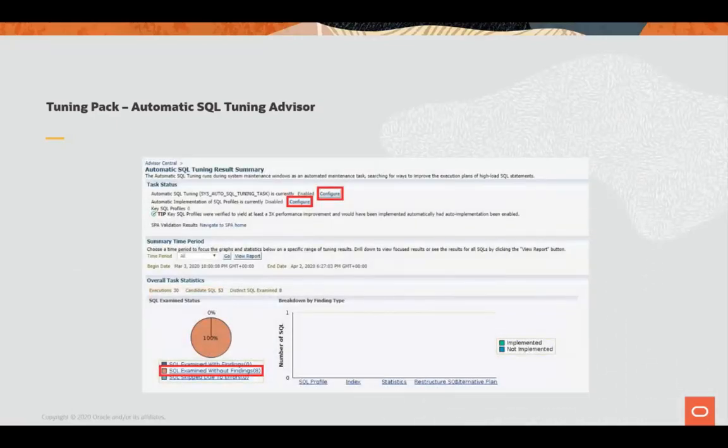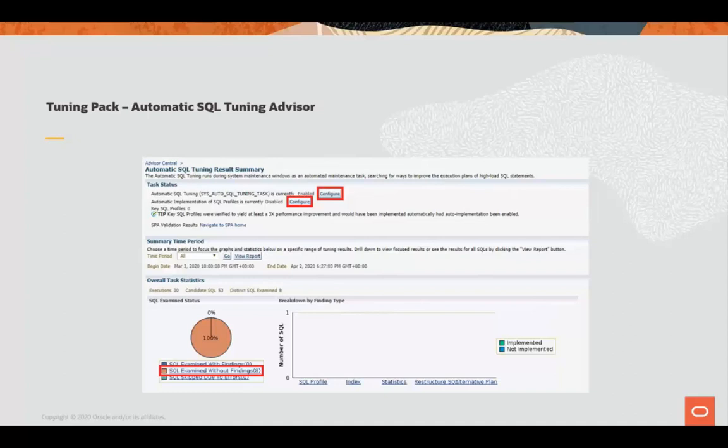I'm showing you the automatic SQL tuning configuration. You can see that the task status is set to enable. That means that automatic SQL Tuning Advisor is going to run automatically. But you can also see that the automatic implementation of SQL profiles is currently disabled. That is by default. This report is showing you the summary in a time period.